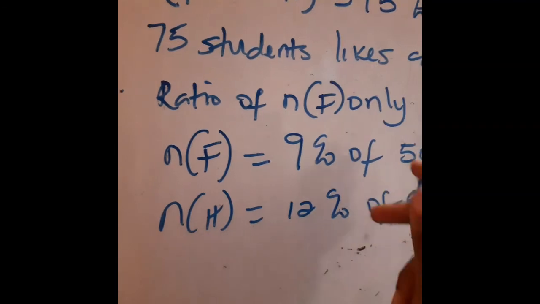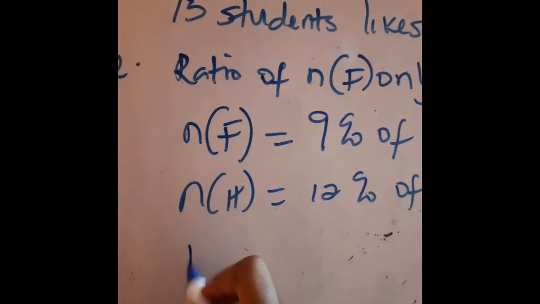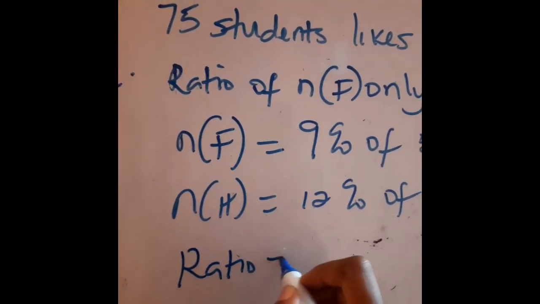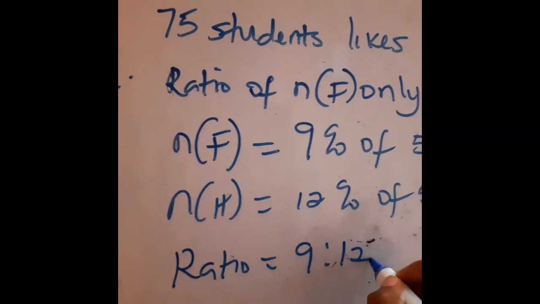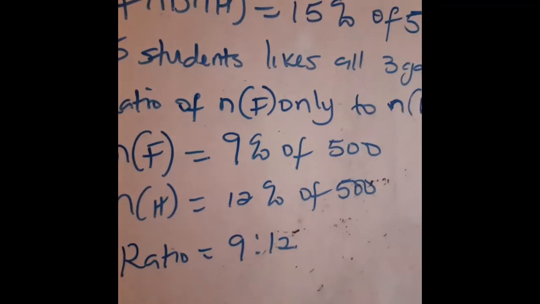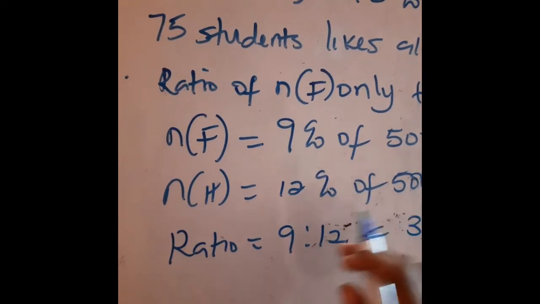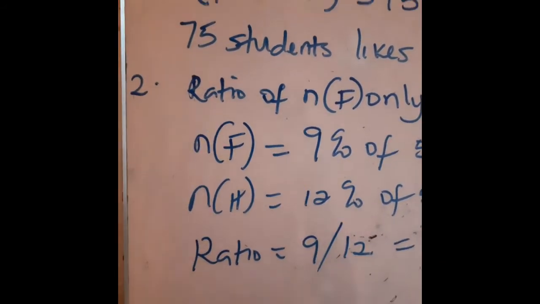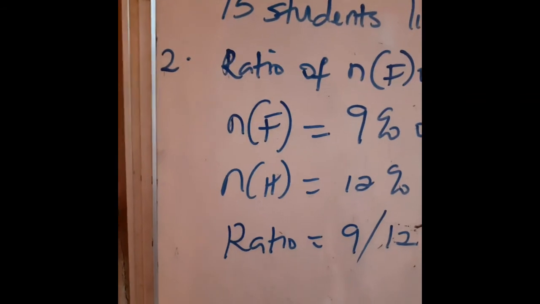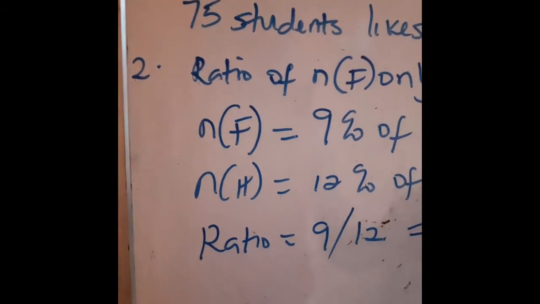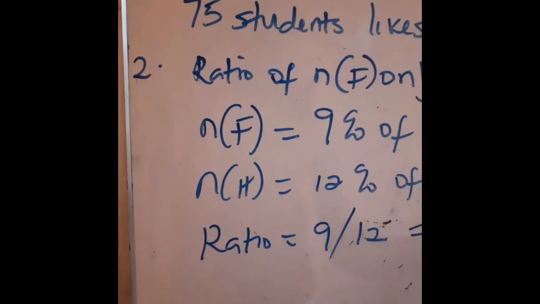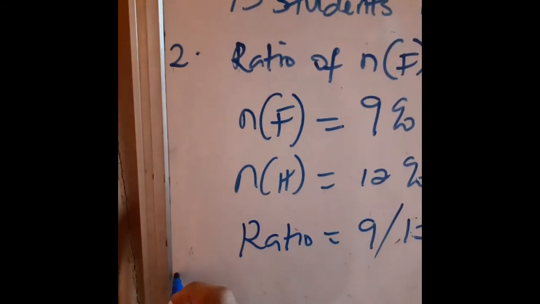So the ratio of this to this is 9:12, which is equal to 9/12, which equals 3:4. So we have gotten this.